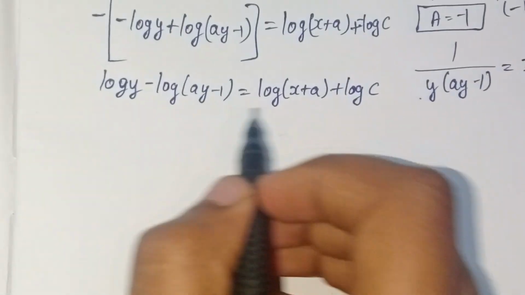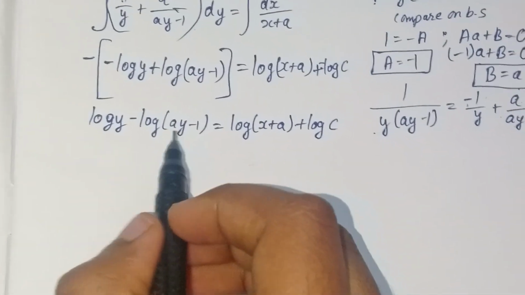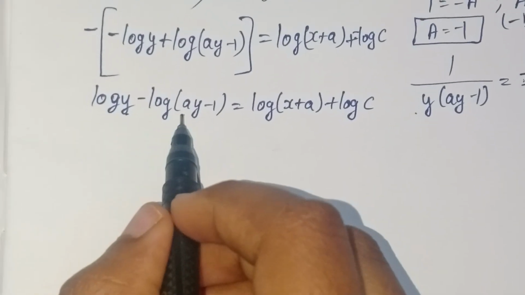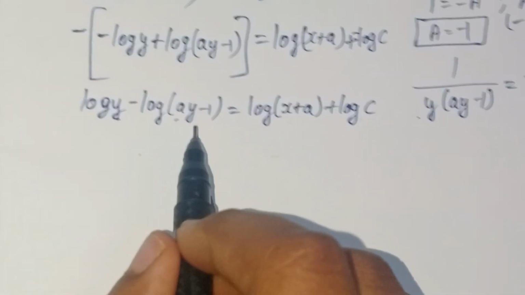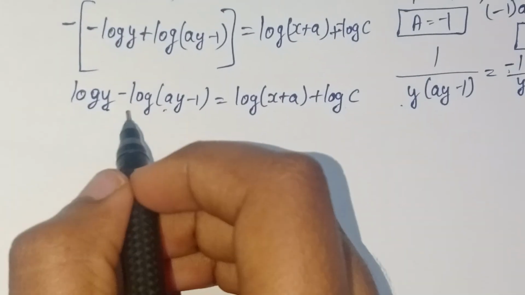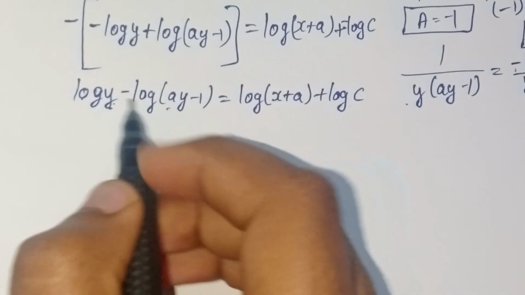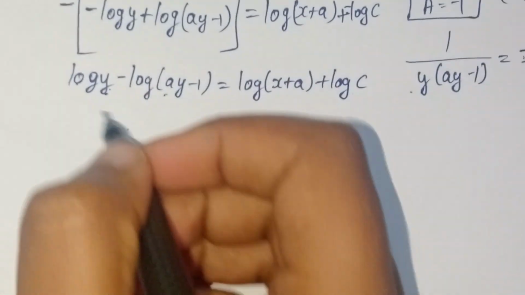Now we convert these two terms into a single term and these two terms into a single term by logarithm properties. This is in the form of log a minus log b, and we know that log a minus log b equals log a by b.